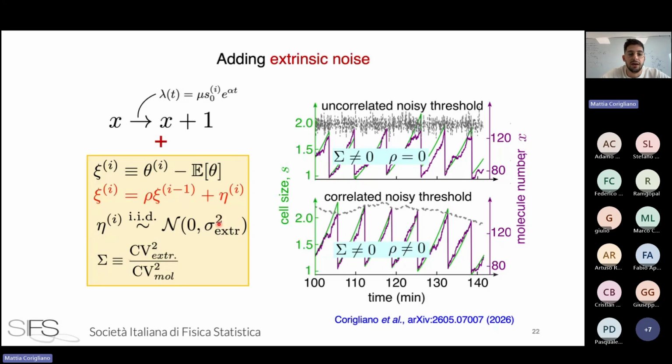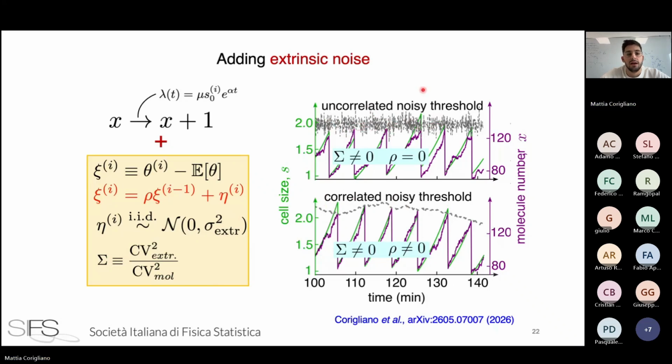And you have this sigma, big sigma, that quantifies the strength of extrinsic noise, so noise in the threshold level versus the molecular noise, so the intrinsic noise we just discussed. And you see that you can go from a purely uncorrelated noisy threshold, where you have a fluctuating threshold which is just uncorrelated within itself, or toward a purely correlated noisy threshold.